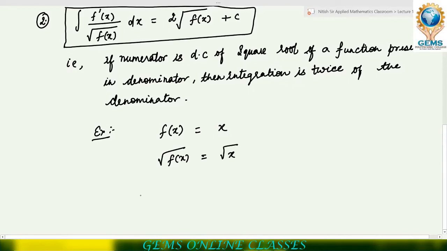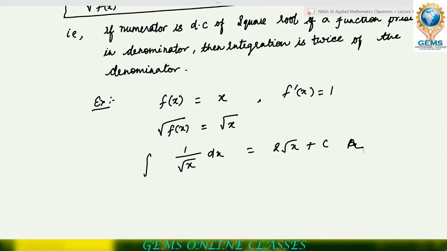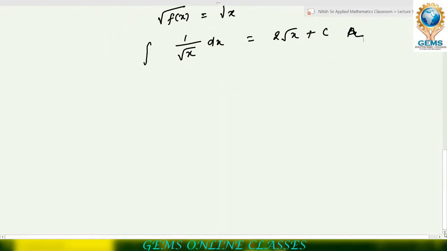Then f dash x is 1. So the integral function will become 1 upon root x dx, and it will be 2 root x plus c. OK, this will be the answer. So these are some direct formulas.